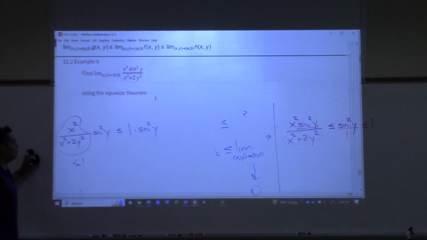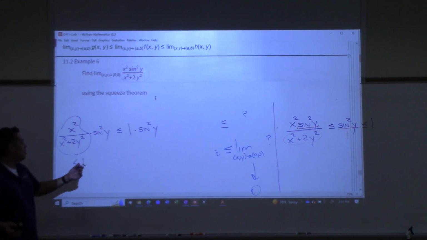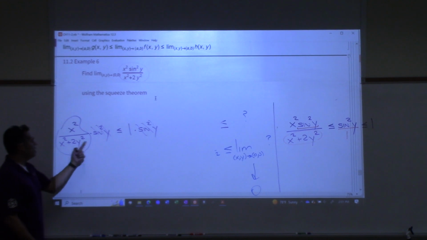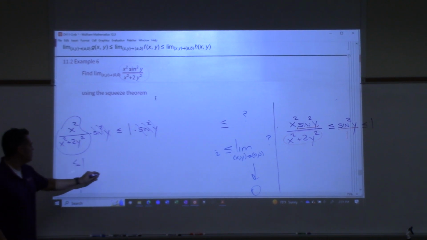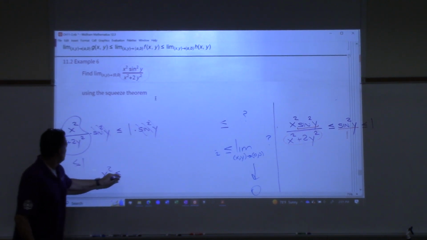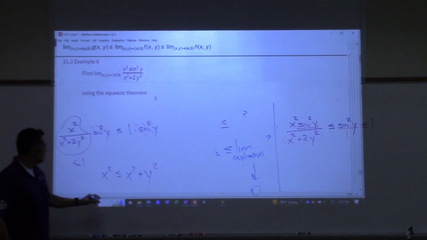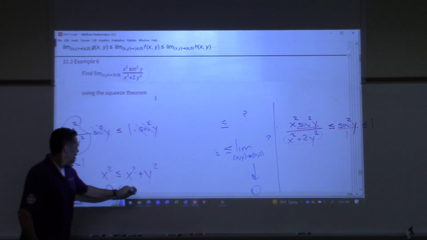Wouldn't solving the inequality that way help you see it a little easier? I don't know, does it help you see it? I mean, if you wanted to do that, I could have just divided both sides by sine squared y, right? And then you're trying to just show that inequality, and then multiply both sides by x squared plus y squared and then subtract x squared on both sides. And you get that, right?